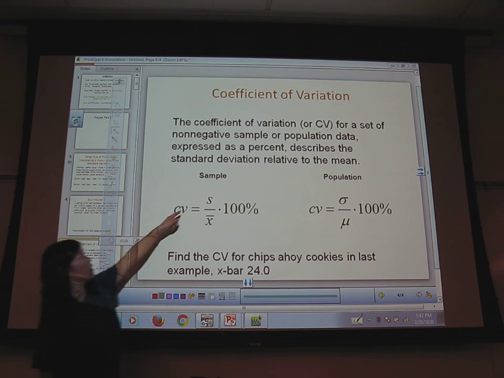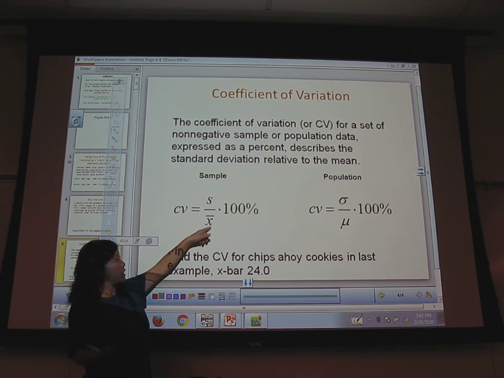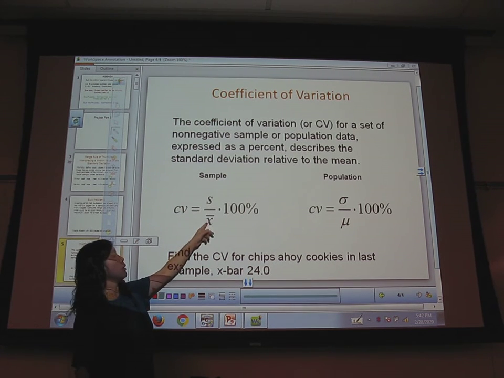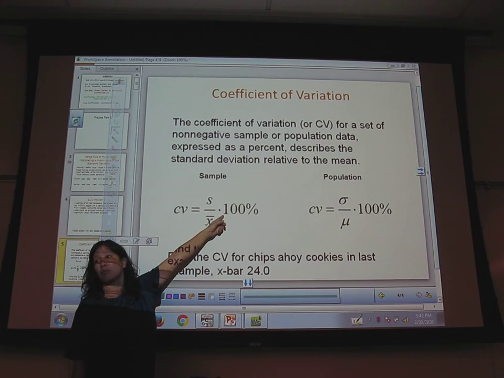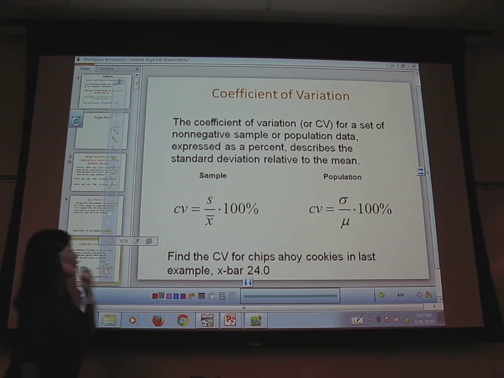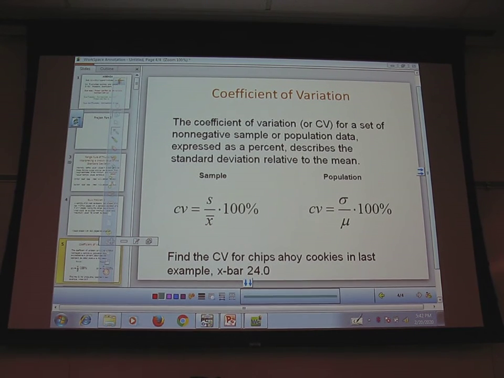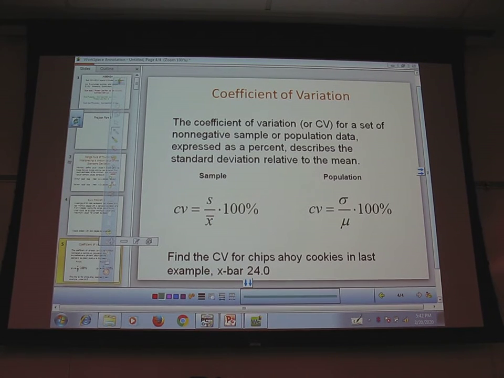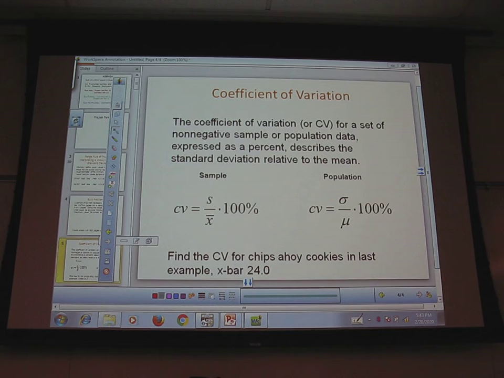You take your standard deviation, divide by the whole. In this case, the mean is our best representation of the whole, and you change it to a percent. Do you guys need 15 seconds to do this, or have you all done it? Okay, done? Great.